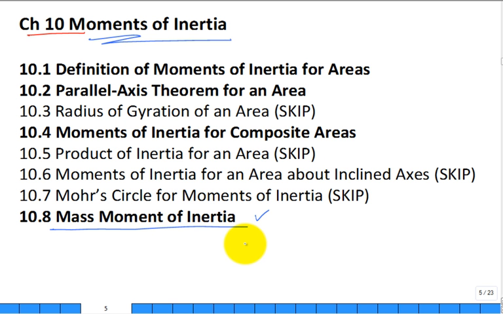So we're going to first work with defining it, then we'll talk about the parallel axis theorem, and then we'll talk about how to compute the moments of inertia for composite areas. So we'll do integration up here, then we'll do summation down here, and then we won't get to it today, but we'll cover mass moment of inertia next time.